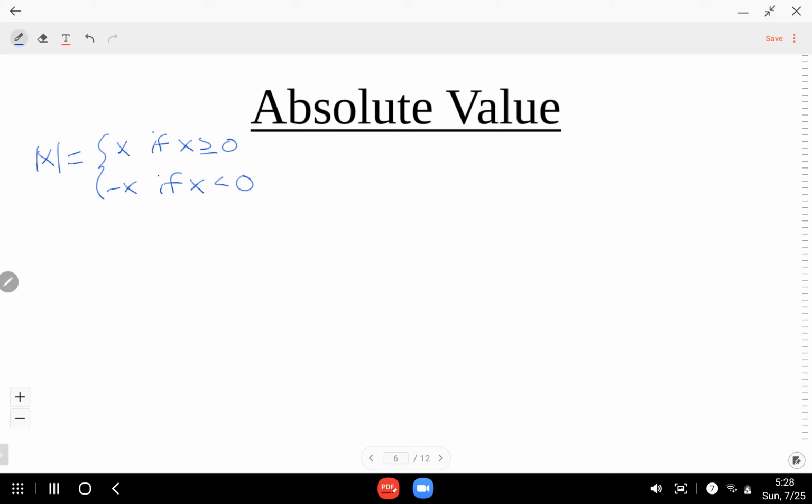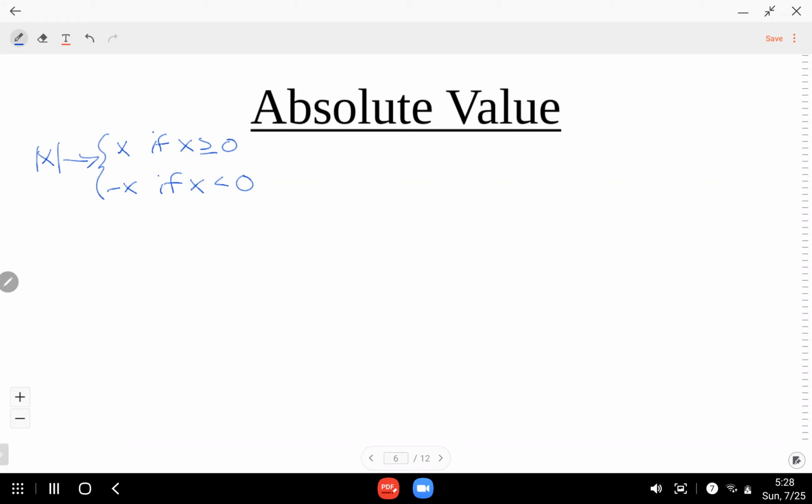This is when you unravel the absolute value, because it's not entirely simplified, and we usually want to simplify that. So absolute value turns into just x if x is greater than or equal to 0, and x becomes negative x if x is less than 0.